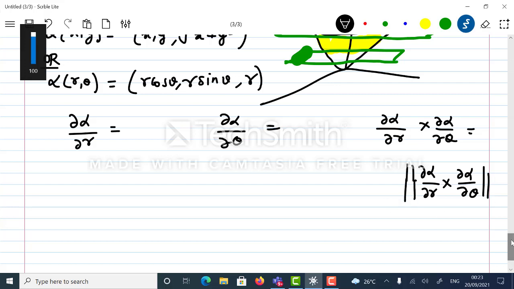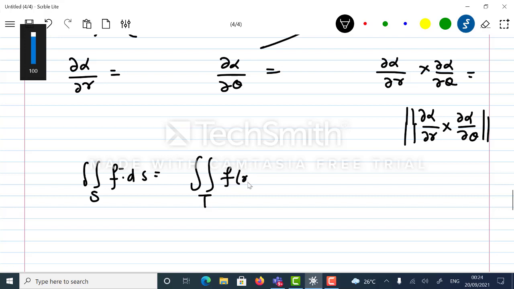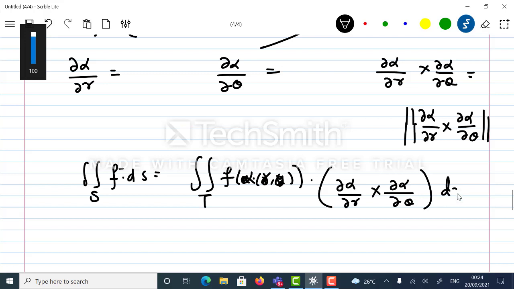So the surface integral of f dS is the double integral over T of f of alpha of r, theta times the norm of dou alpha by dou r cross dou alpha by dou theta dr d theta. This is by definition of the surface integral of a scalar field.